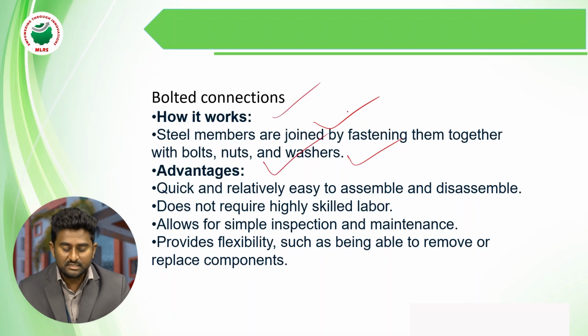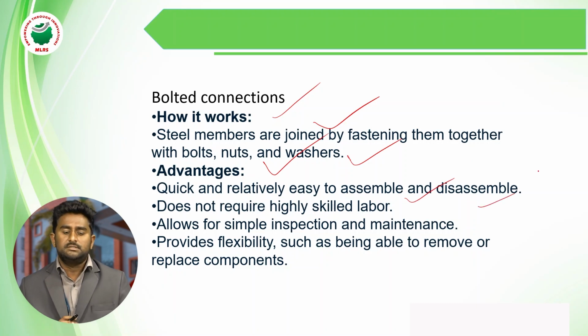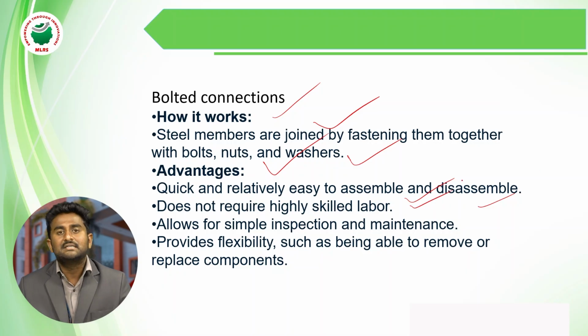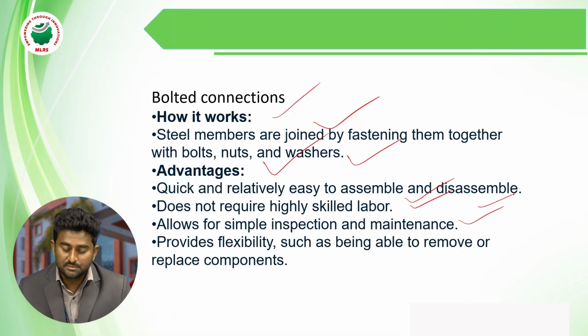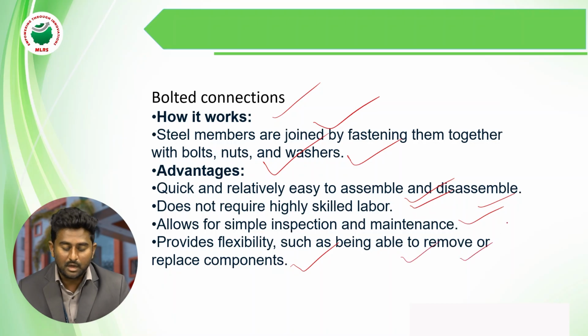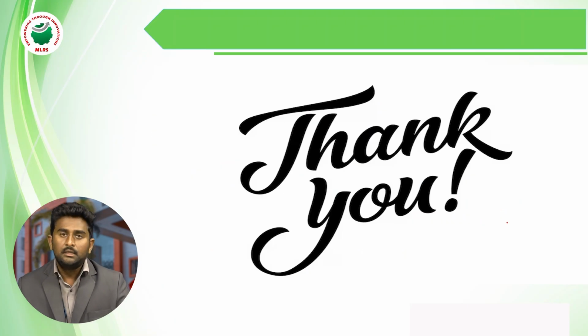Structures can be easily removed and easily fixed with bolts. The further advantages are that it is quick and relatively easy to assemble or disassemble the structures with bolts. It does not require highly skilled laborers. It allows simple inspection and maintenance. Now coming to the last one, it provides flexibility, such as being able to remove or replace the components.